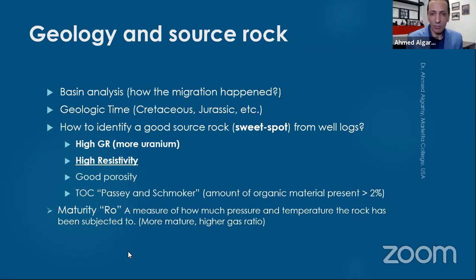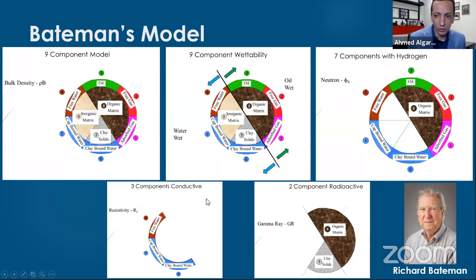The hydrocarbon has something similar. If it is well done, it will be gas. If it is medium or rare, it will be condensate or oil. So this is important to know.